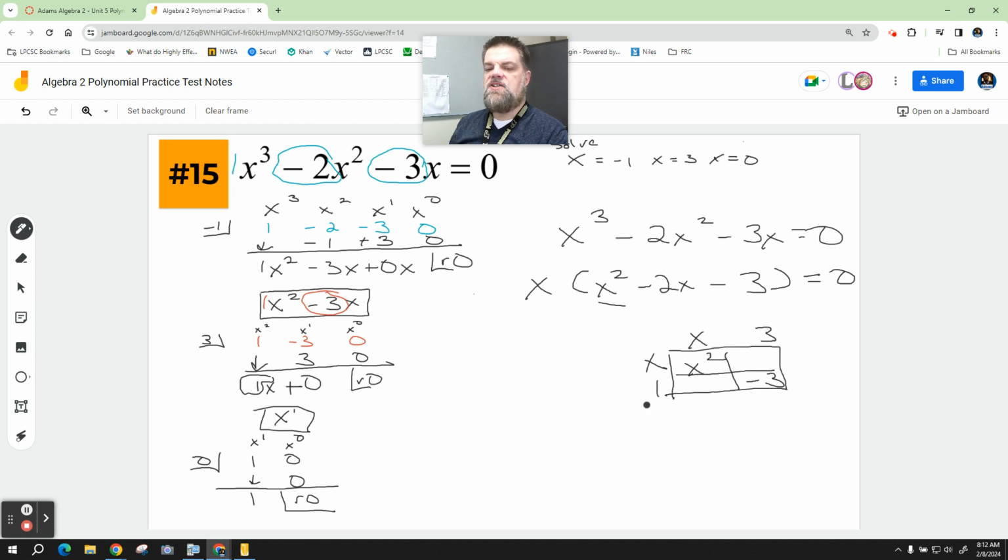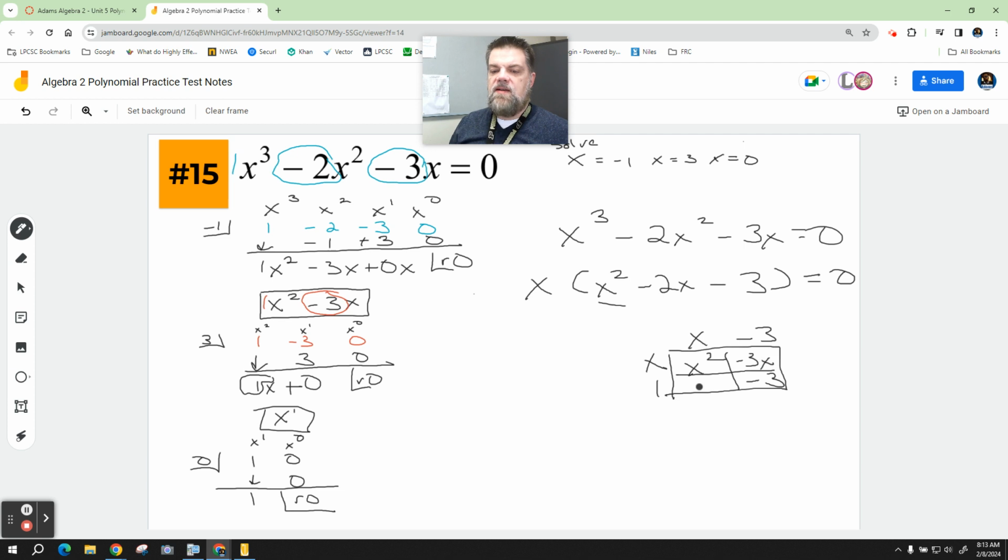One of these has to be negative. Either the 3 has to be negative or the 1 has to be negative. Now, how I decide what has to be negative is I know that whatever is in here plus whatever is in here has to add up to negative 2. So what do you guys think? Which one should be negative? Yes? Negative 3. So if I put a negative 3 here, then negative 3 times x is negative 3x.